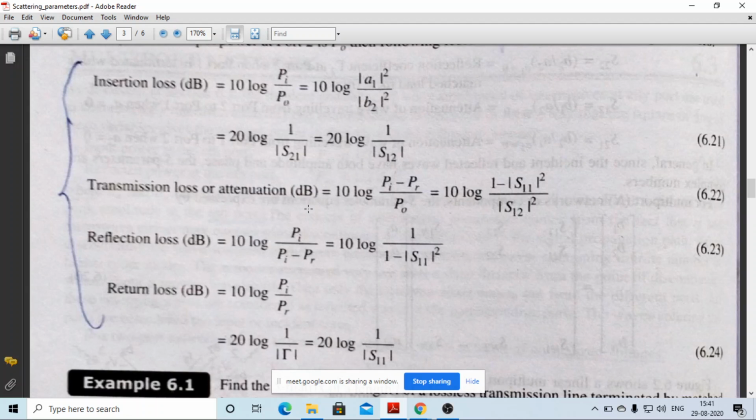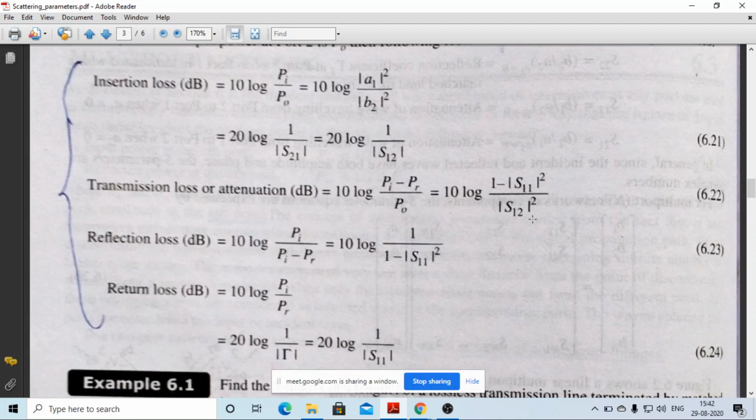Similarly, there is a transmission loss or attenuation, because this attenuation is input minus reflected, means what is the net power going to be for your particular waveguides. So it is Pi minus Pr, net flow of power, and P output. This is the ratio. When you put again in the terms of A1, B1, and P output is in the terms of B2, you will find that it is 1 minus S11 square divided by S12 square.